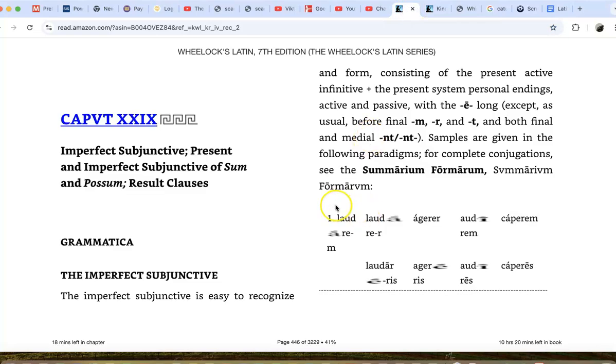Namely, a continuation of chapter 29: imperfect subjunctive, present and imperfect subjunctive of sum and possum, and result clauses. As we said last time, this can be a little bit tricky and take a little bit of time to learn in Latin, just because Latin uses a variety of clause types for this part of the grammar, which we talked about last time.